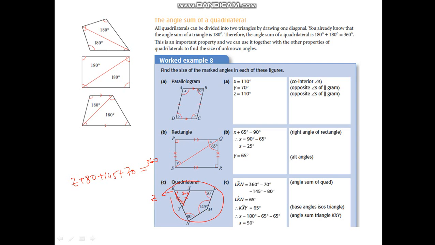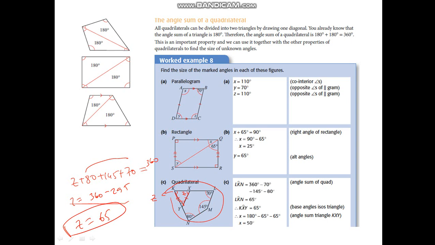Shortly we can write the interior angle sum of a quadrilateral is 360 degrees. So let's add them. 80 plus 145 is 225, plus 70 is 295. 360 minus 295, and z is equal to 65.